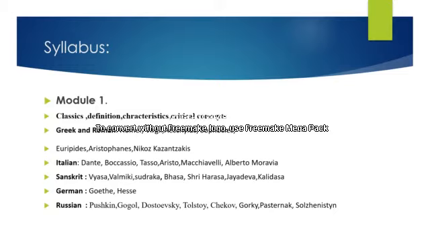Then, Greek literature and Roman literature. What do you mean by Greek literature? What do you mean by Roman literature? And some of the important writers in this stream, that is Homer, Virgil, Aeschylus, Sophocles, Euripides, Aristophanes, Nikos Kazantzakis.